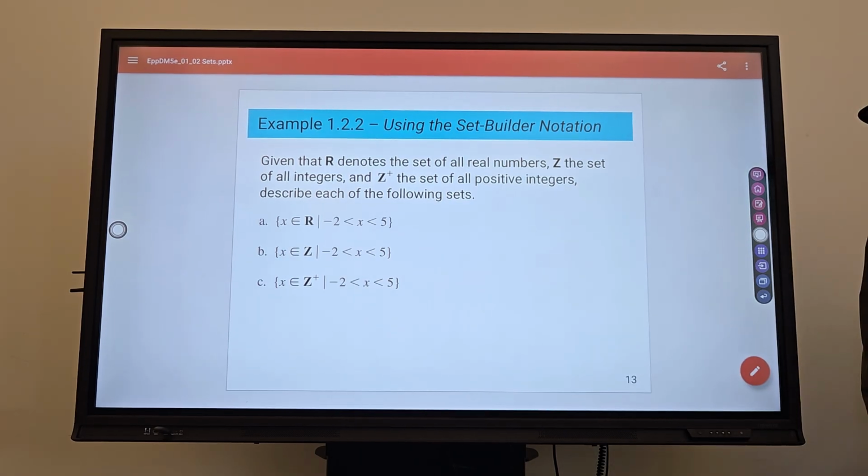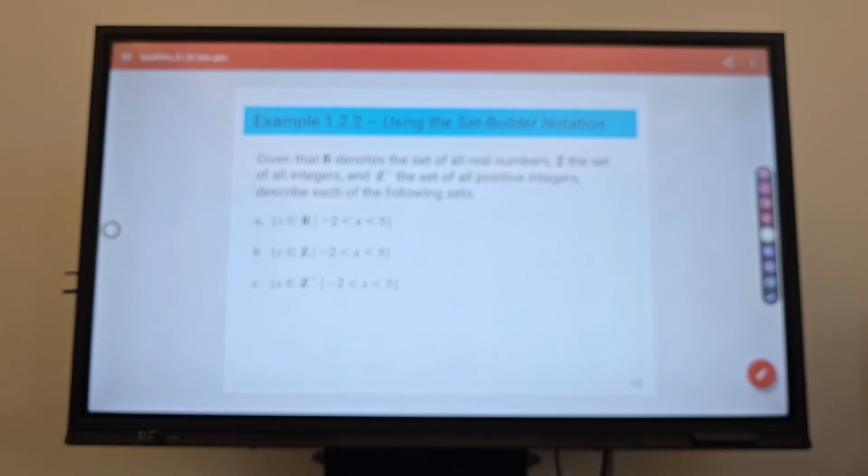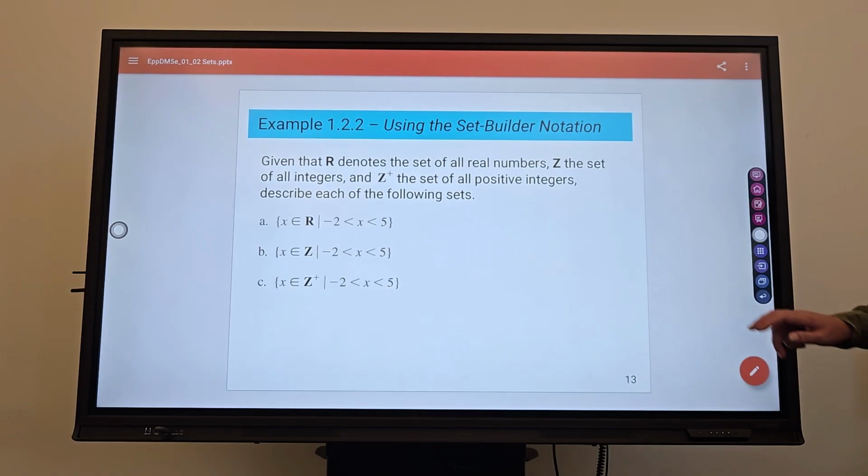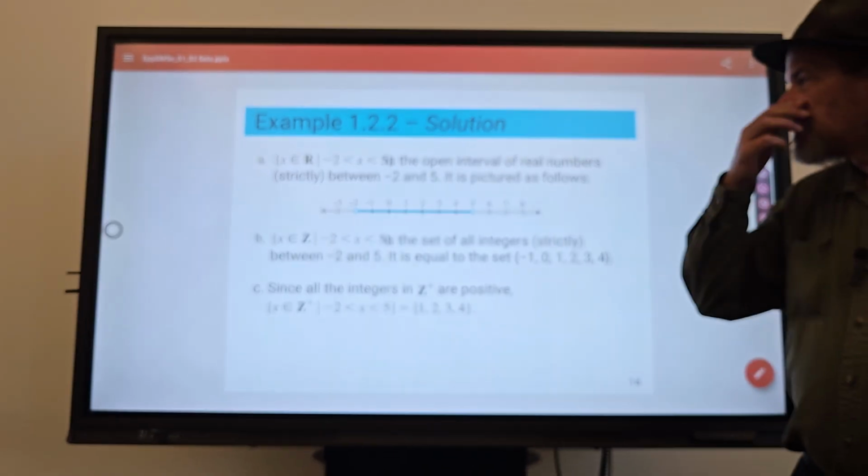And the last one, just the positive integers? What would the elements be? 1, 2, 3, 4. Yeah. All right, let's see.